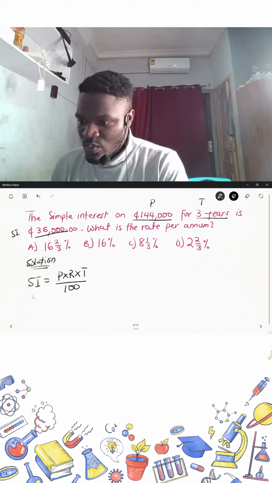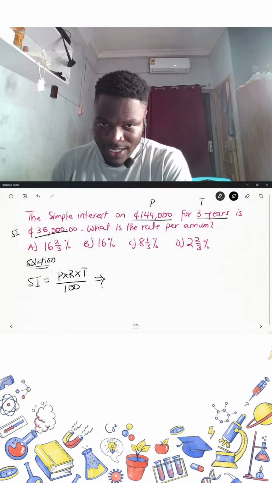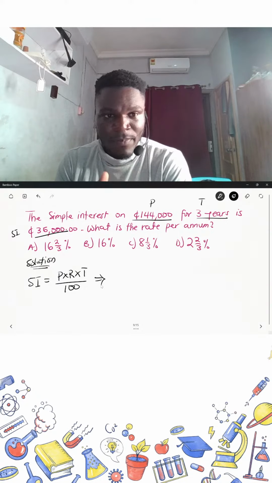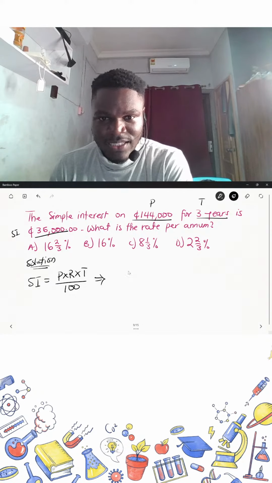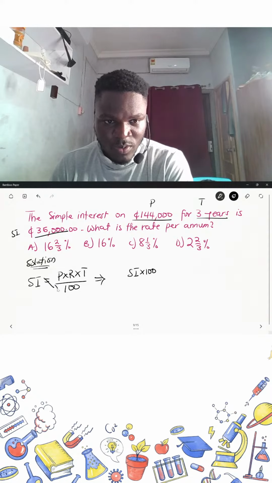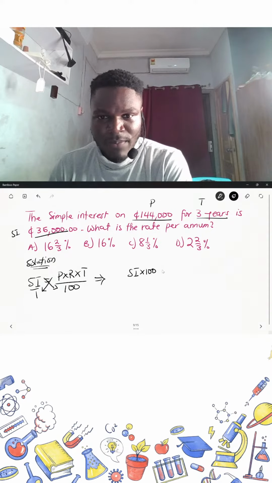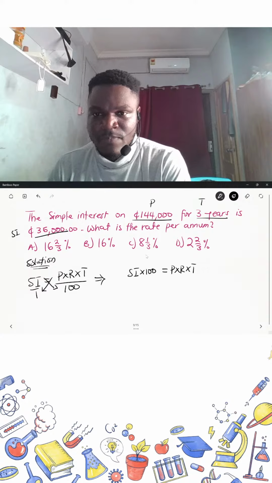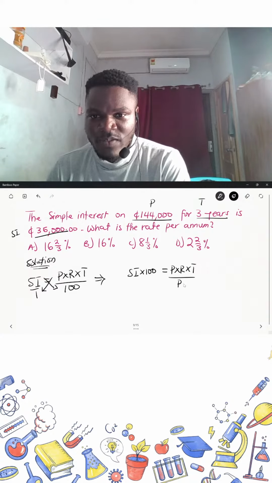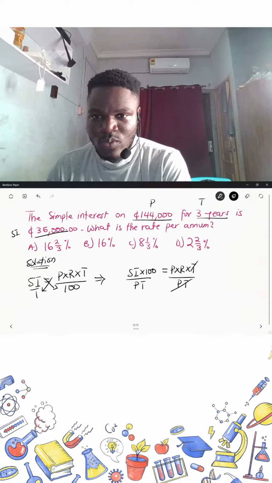There are many ways we can do this, but in this way of solving, let me make rate the subject first. I have simple interest multiplied by 100, because I cross multiply here, this is divided by 1. So simple interest multiplied by 100 equals principal multiplied by rate multiplied by time. If I want just my rate, I divide both sides by principal and time. These two cancel.